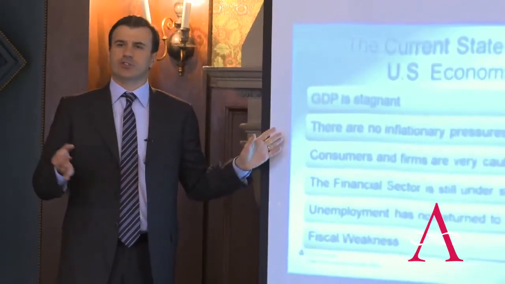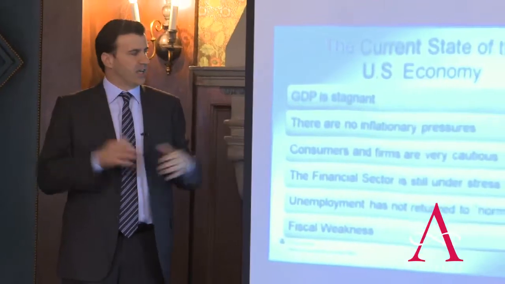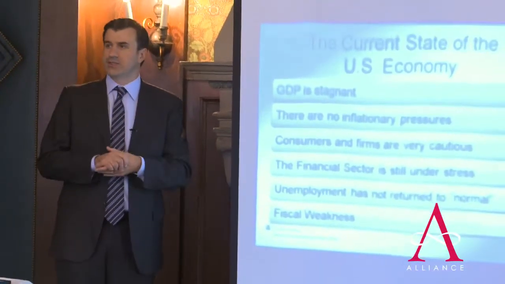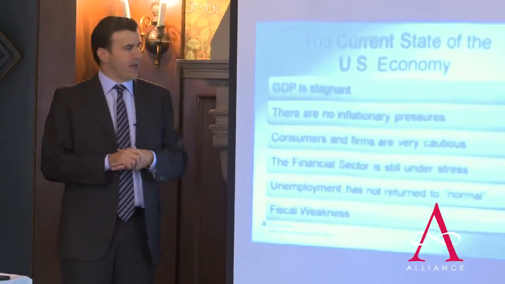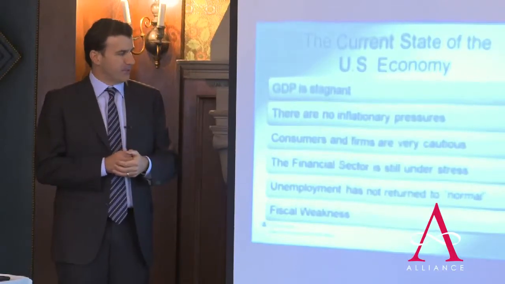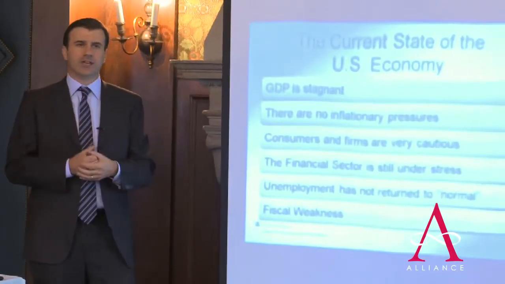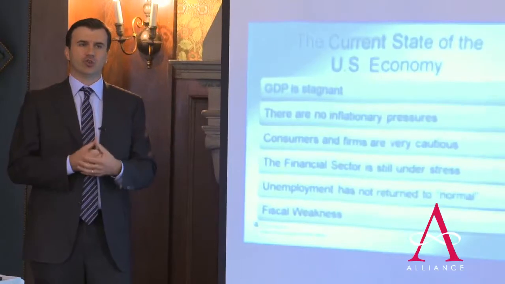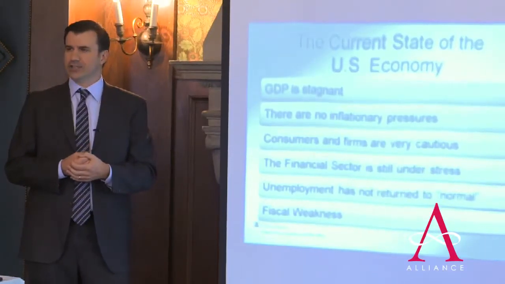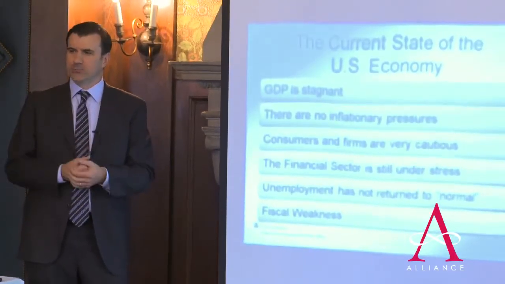There is no inflationary pressure, so it seems that inflation, for now, is not a problem. And that's perhaps explained by the fact that GDP is stagnant. What is actually worrying is the fact that consumers and firms are not really willing to buy things, okay?